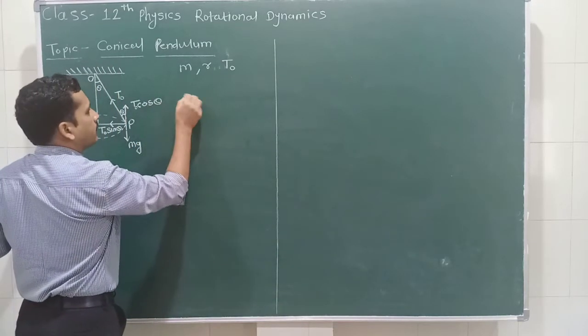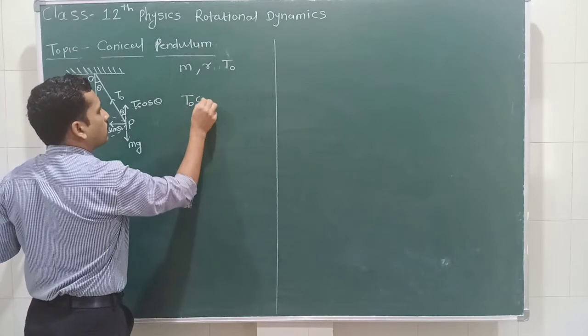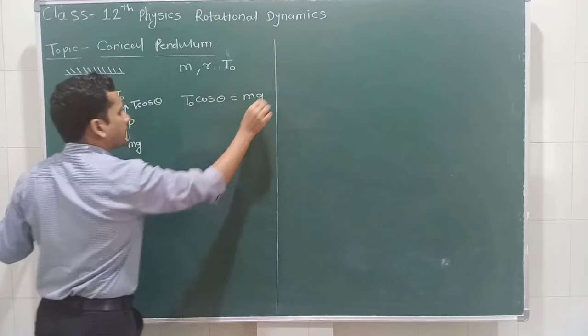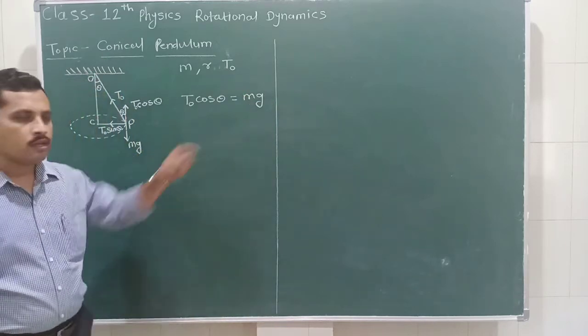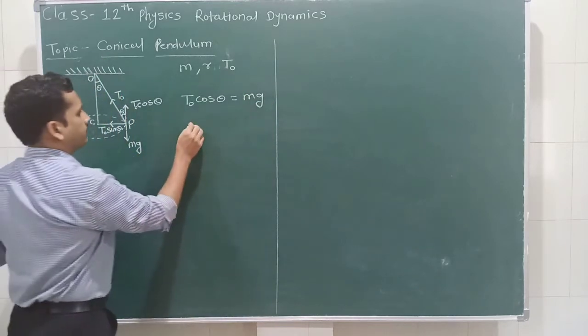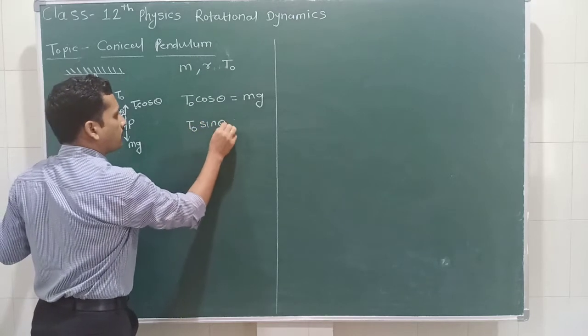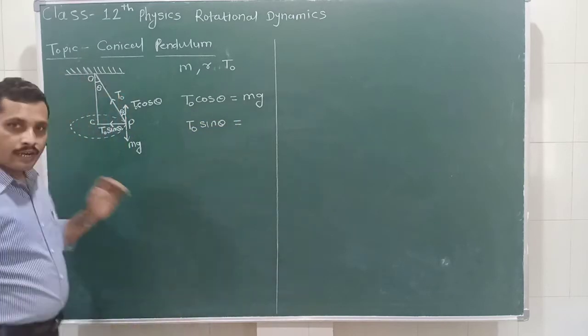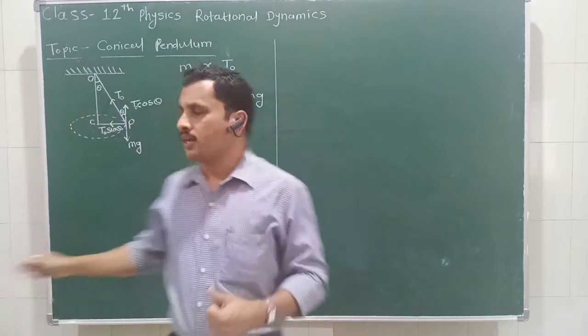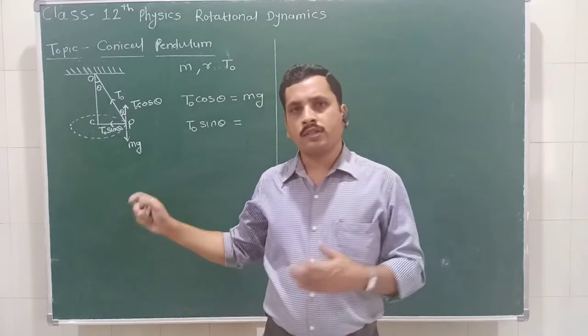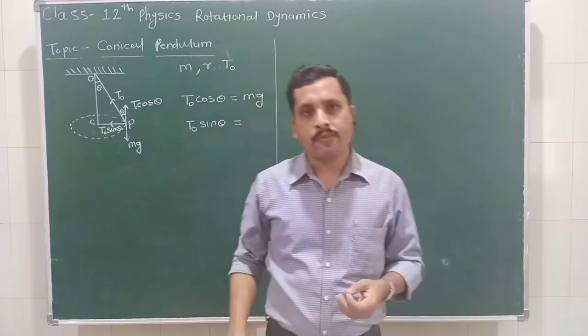We can write here T0 cos theta is equal to mg, which balances the weight of the body, and T0 sin theta, which is directed towards the center of the circle, is the force responsible for the circular motion, called the centripetal force.